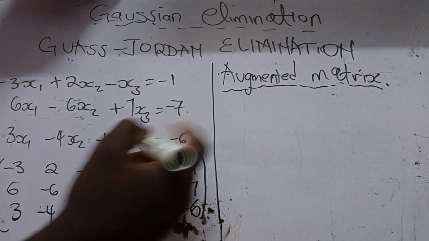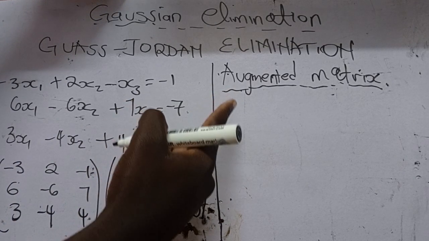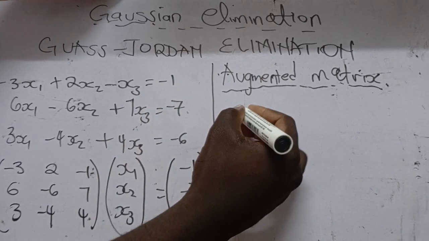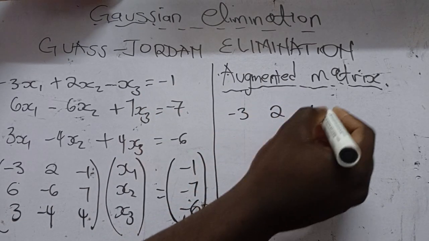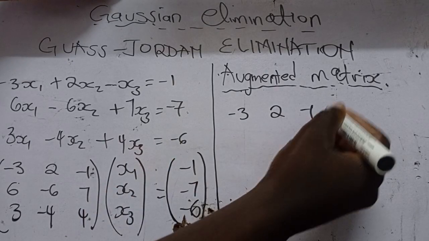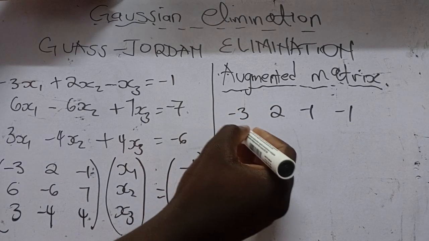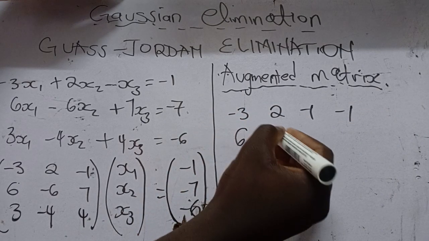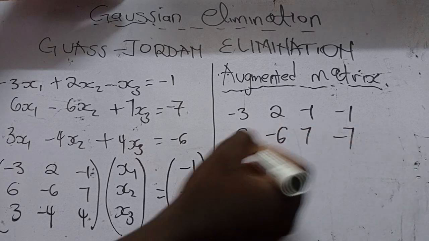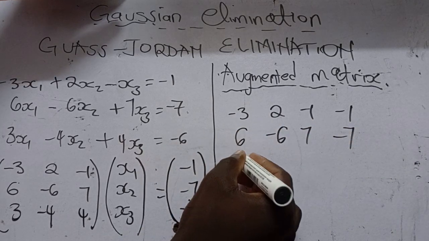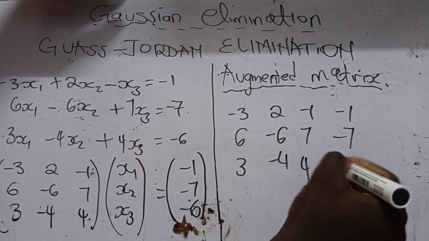In augmented matrix, you'll put it in this form: negative 3, 2, negative 1, negative 1; 6, negative 6, 7, negative 7; then 3, negative 4, 4, negative 6.